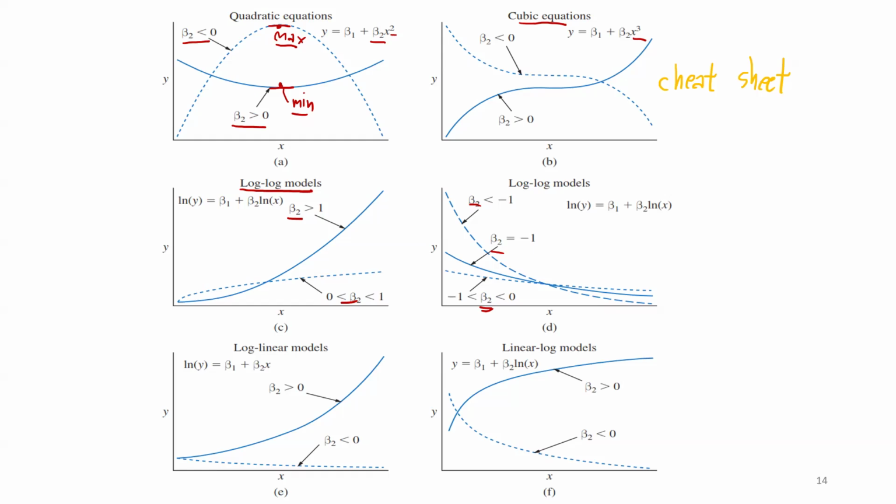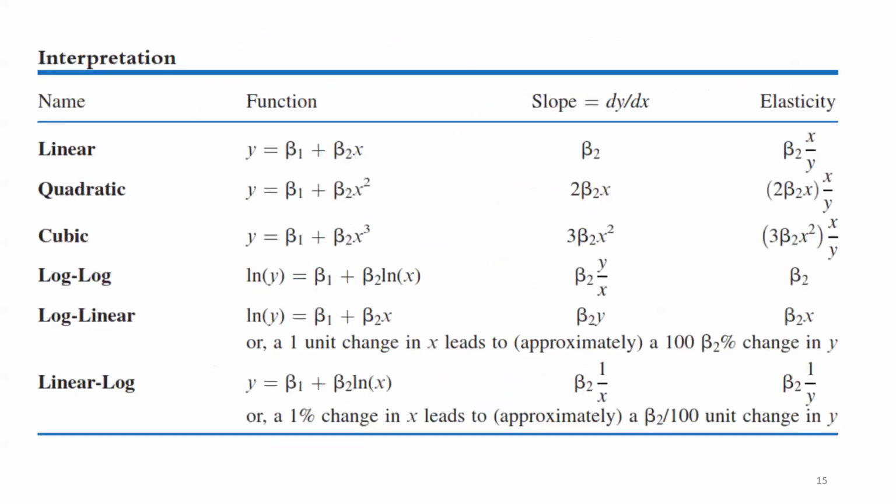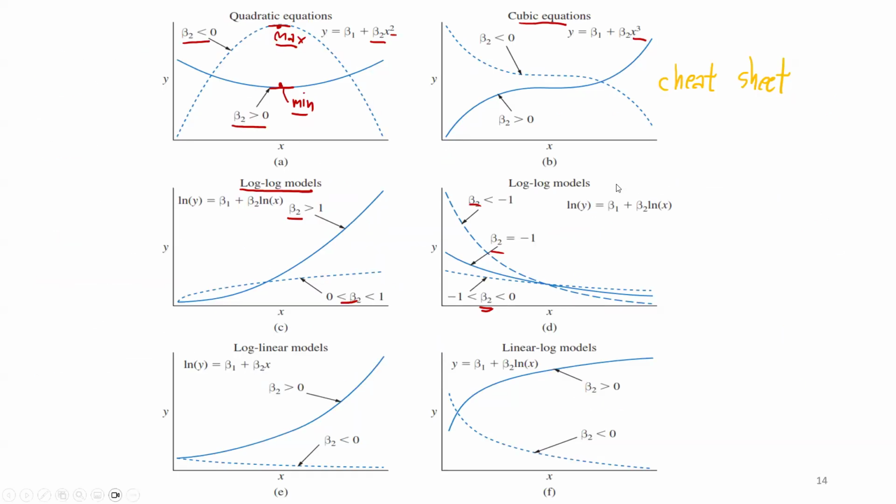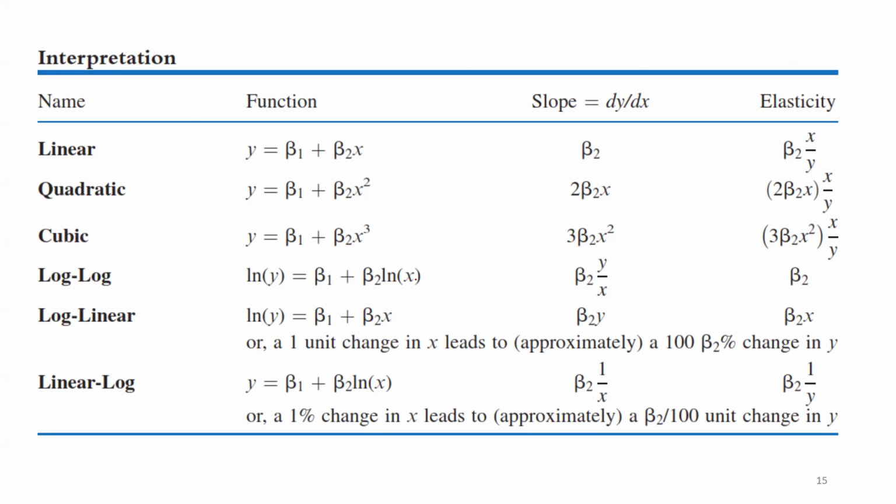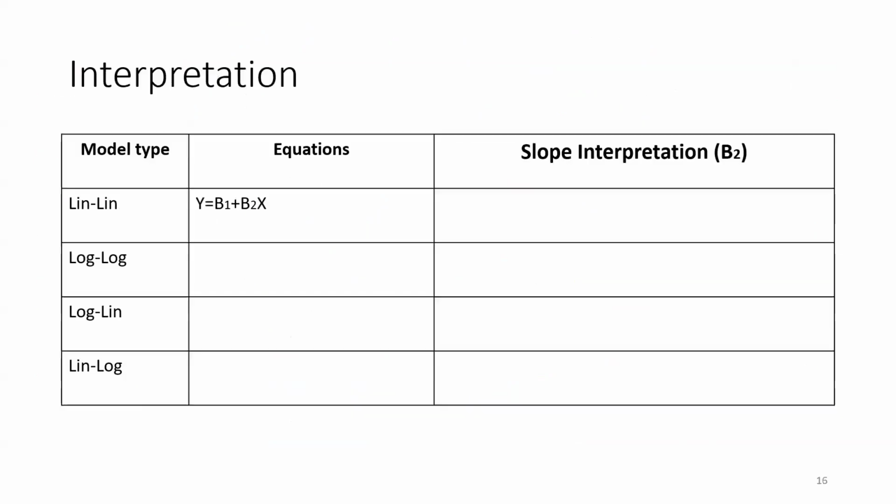Then after you can choose the most fitting model, you have to know how to make the interpretation of each model. This one is good, but I found that it's a bit tedious, so let's summarize it together and you will understand.